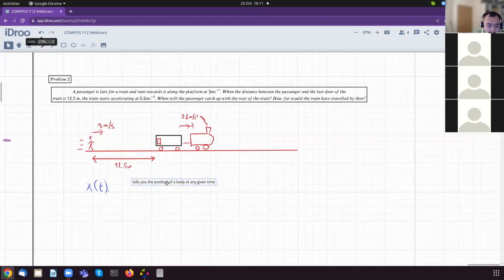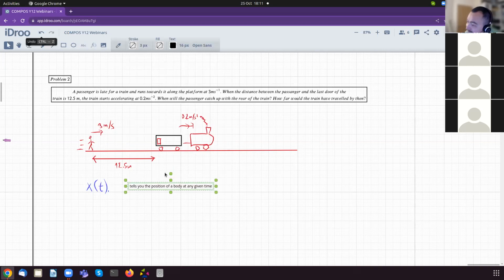Now, this is called the main problem of mechanics. The main problem of mechanics is to tell where things are at any given time. And this is quite important. If you are in charge of the International Space Station, you want to know where the station is at any given time.